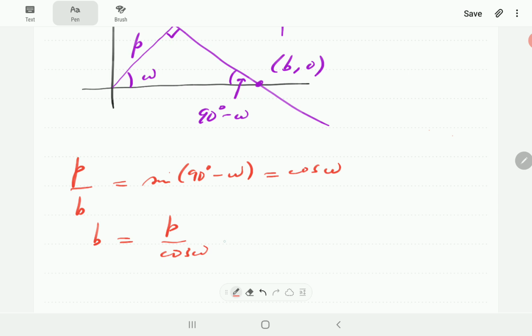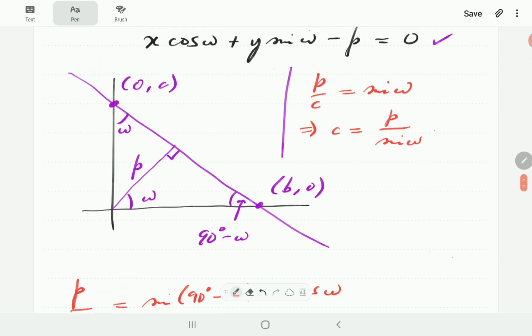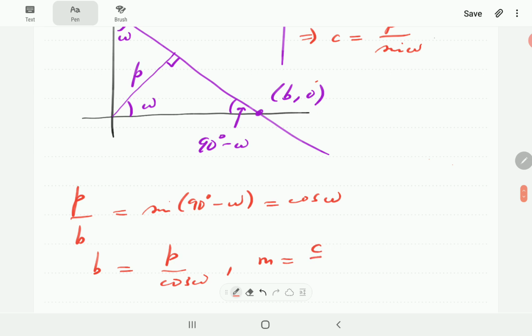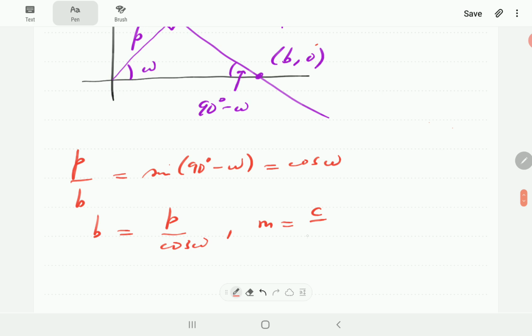Then one last thing, the gradient of this line. So if we do c minus 0, then we do 0 minus b, so it's going to be minus c over b.